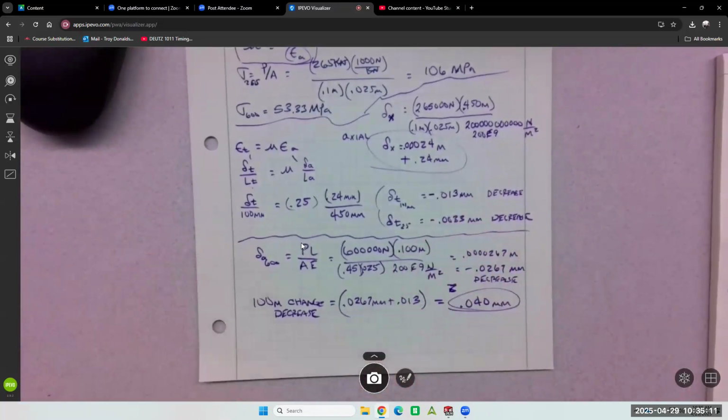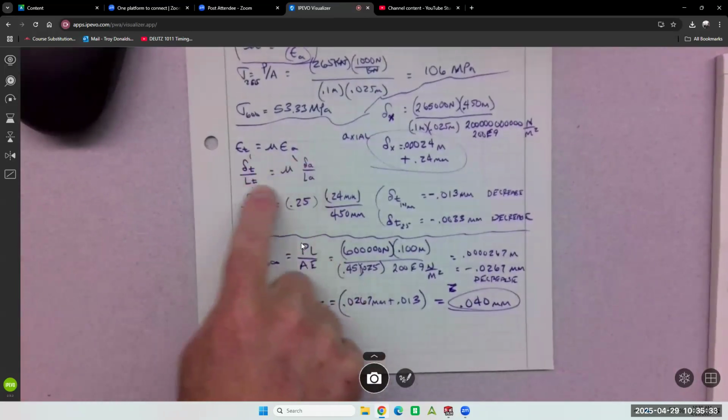Questions? Just blow everybody's mind up right before a midterm. That's great. I'm glad we went over it though. I think you kind of get the flow of it now. You've got to find everything axial first before you can go for the transverse. And then it's just Poisson's ratio and this relationship right here.